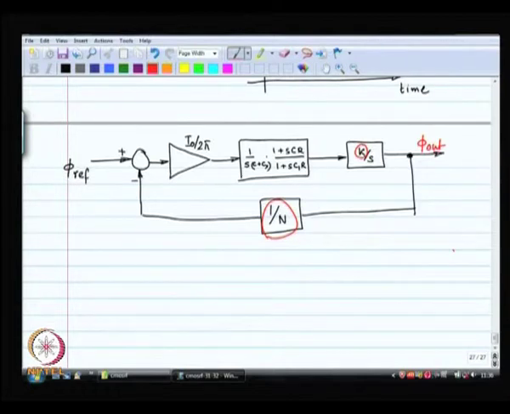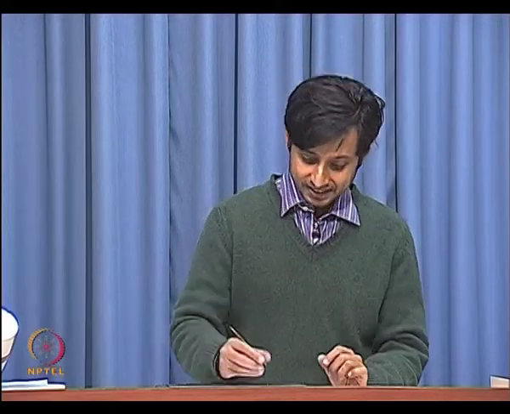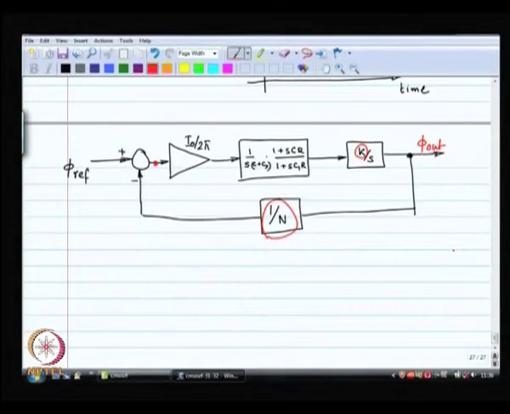You see, whenever you have feedback, the idea is that this is the error signal, this is called the error. And the job of the feedback loop is to make sure that this error is as small as possible, right. That is how you think of any feedback loop.